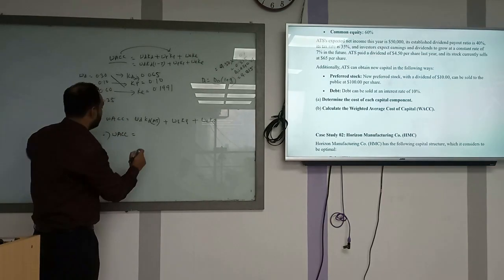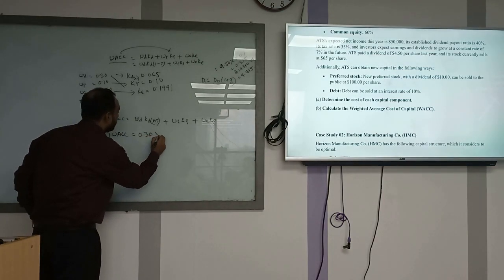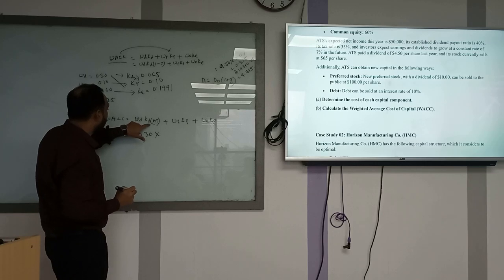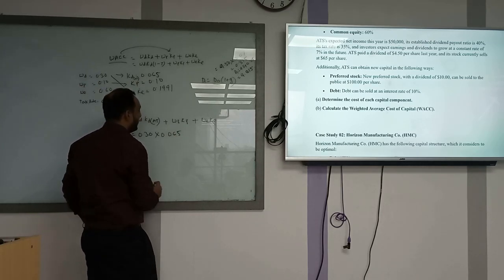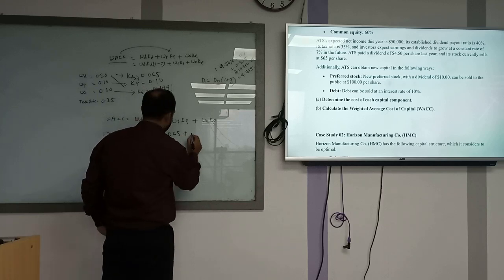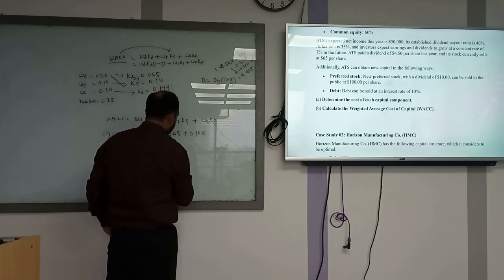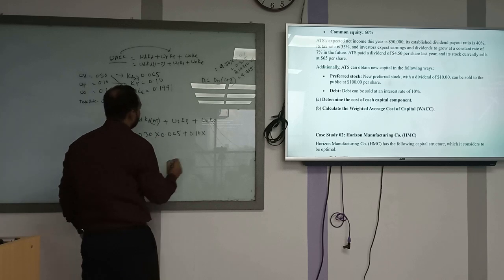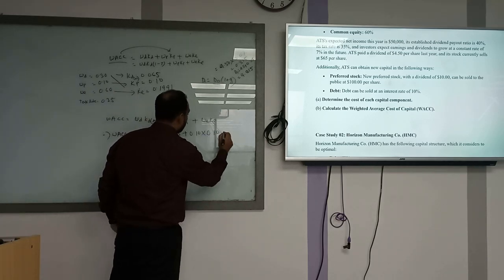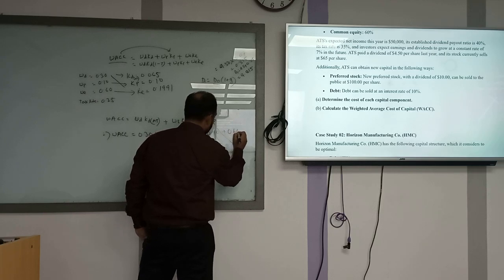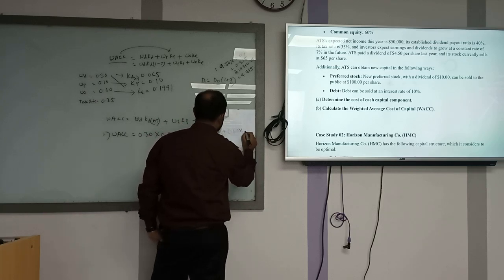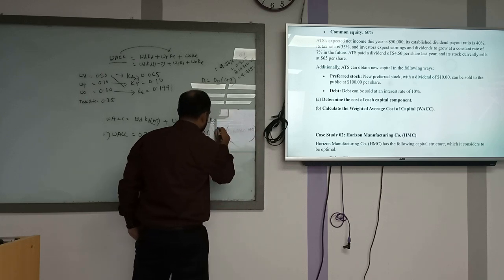Given, দেখেন। 0.30 into Kd after tax 0.065, Wp 0.10 multiplied by Kp 0.10, plus We 0.60 multiplied by 0.1441, right?